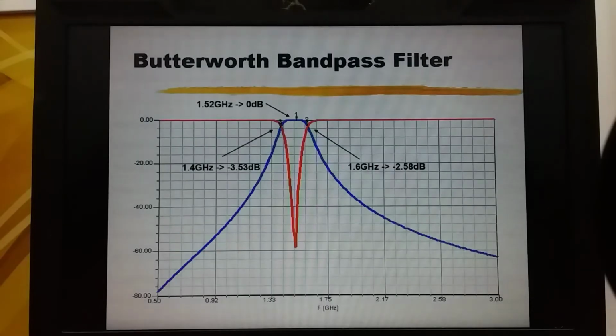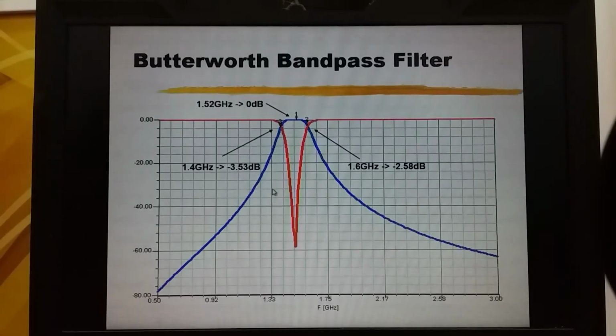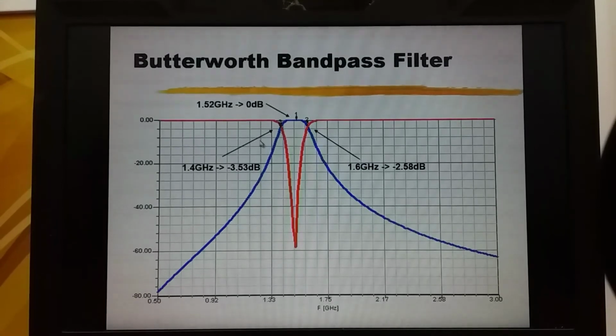For example, in a particular selection of resonator, the combination of the three, we can get a Butterworth bandpass filter where the frequency response is flat in the pass band. However, for a Butterworth filter, the roll off is slower.